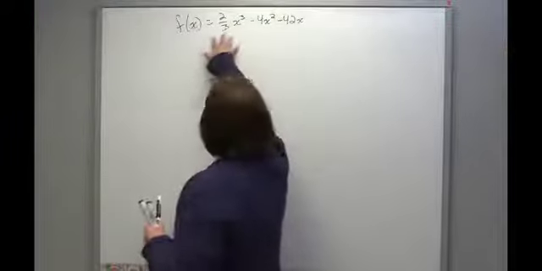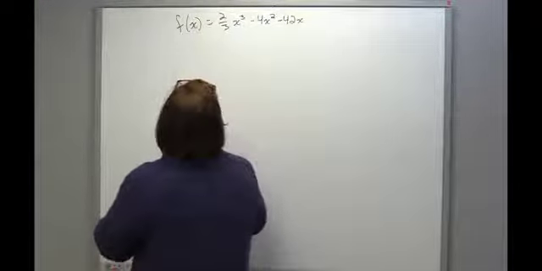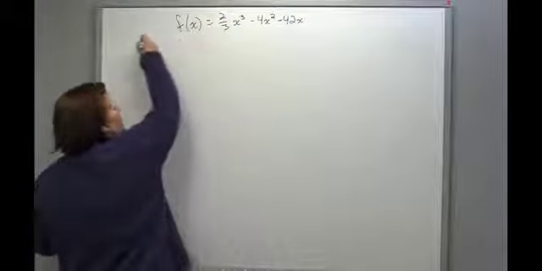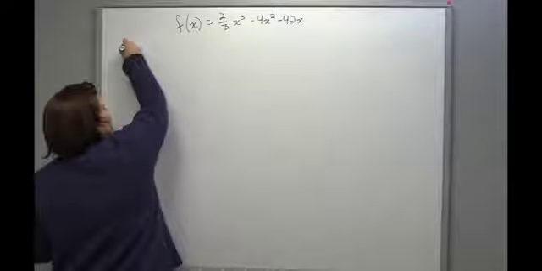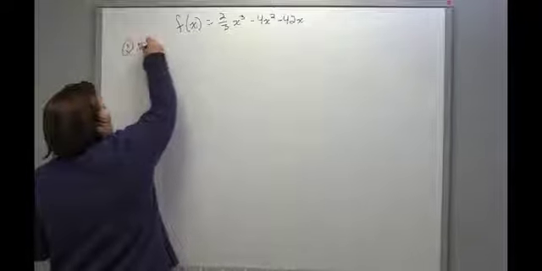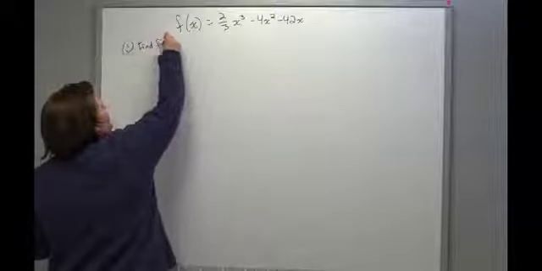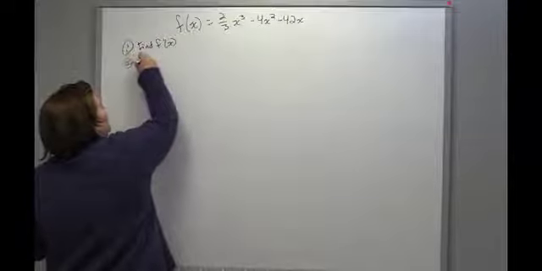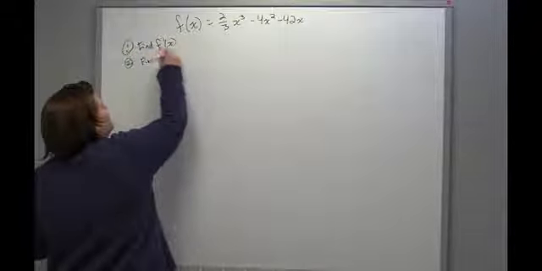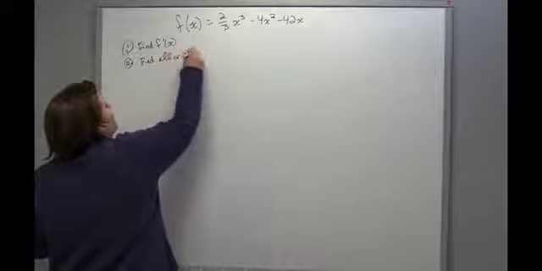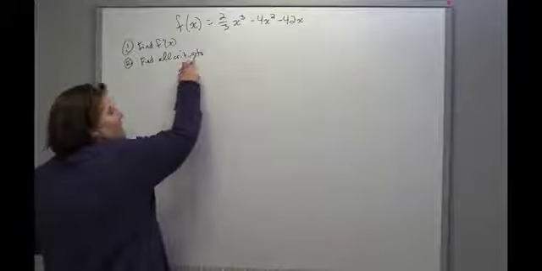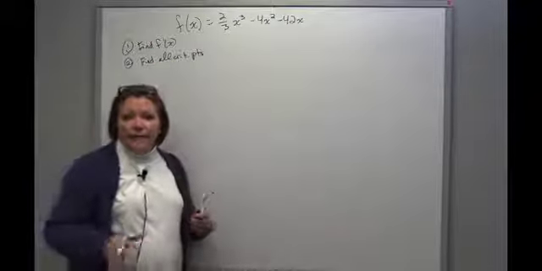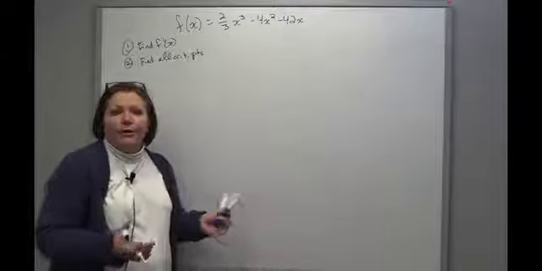So the first thing we should do, there are steps to this no matter what. We need to find f prime of x. We need to find all critical points. And in this case, we could just find the x value, which technically is the critical number.